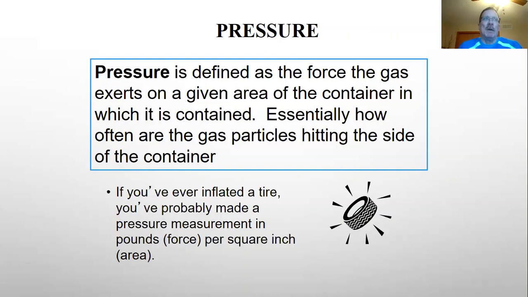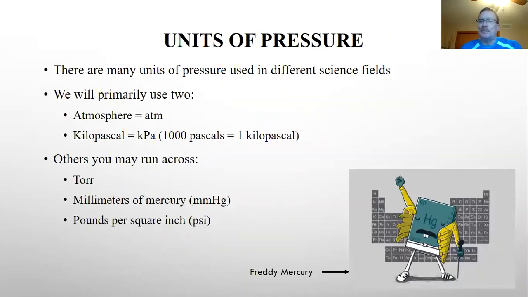You've maybe shaken up a can of soda and then quickly opened it so the stuff comes exploding out. You've increased the pressure because you've got them hitting the side of the container more often. So that's pressure.